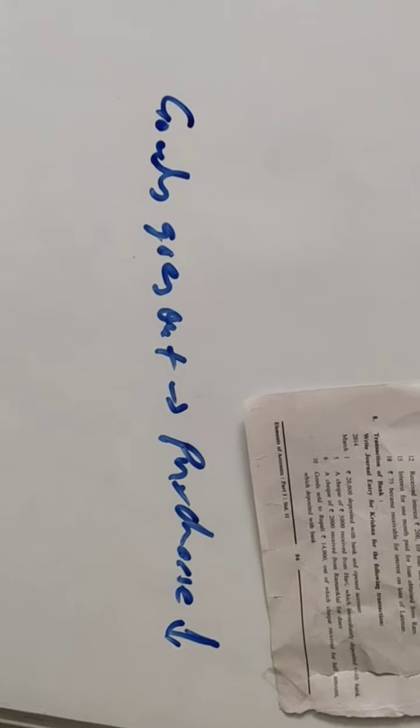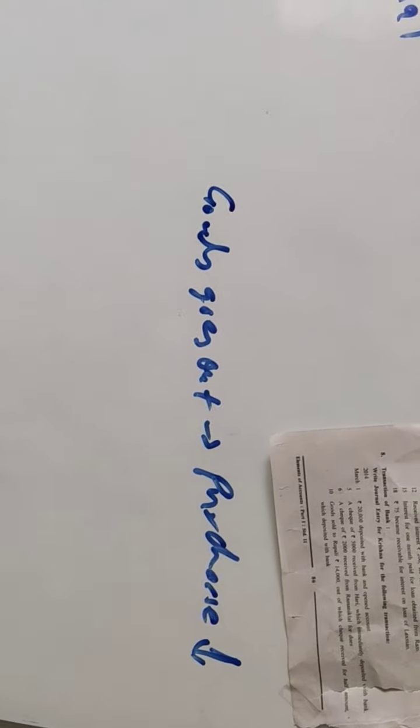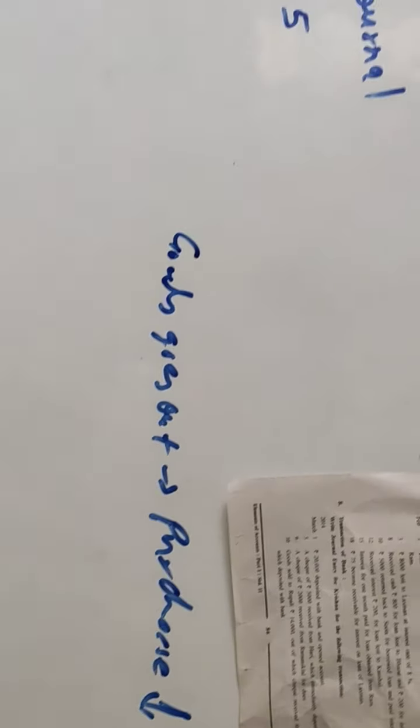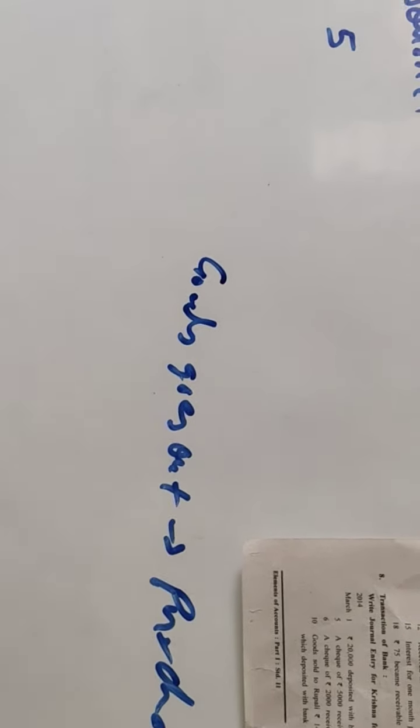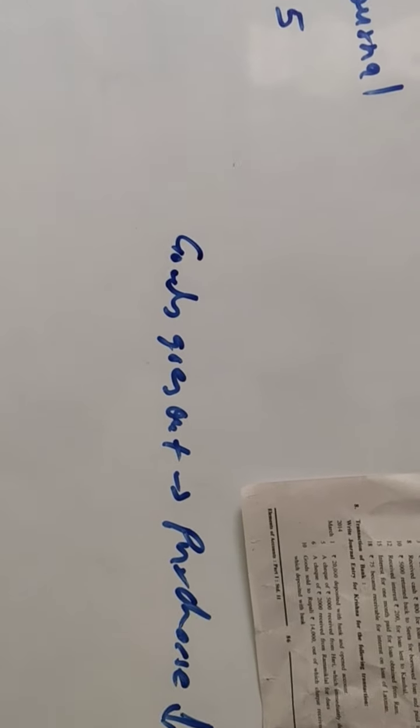You might have learned this in chapter number 2. If goods is going out for any reason other than sales, then the effect will be given to purchase account. Whatever goods you are giving as a charity will reduce your purchase. That means out of the total purchase, that much amount you have to reduce, because the goods has not been sold, it has gone out of the business for a reason other than sale.